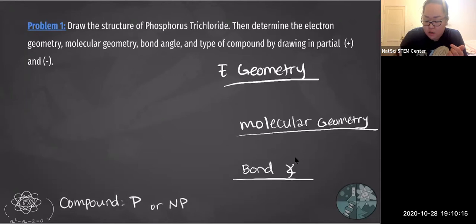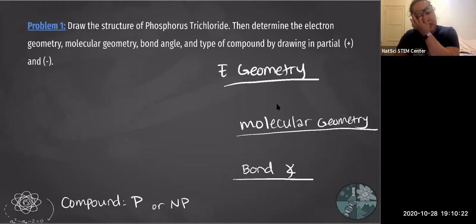And I want you guys to show this using your partial positive, partial negative charges. So 7:15 or 7:16.